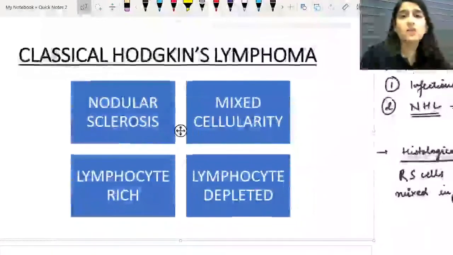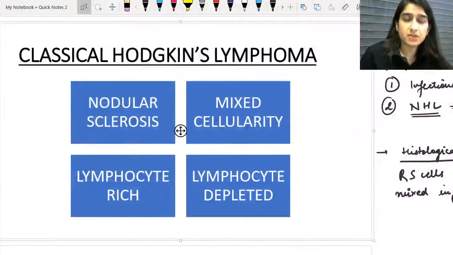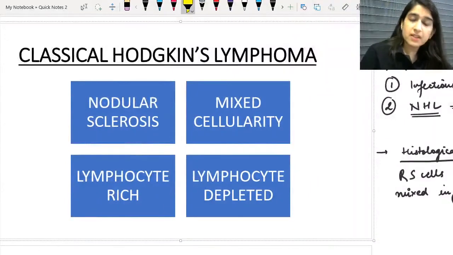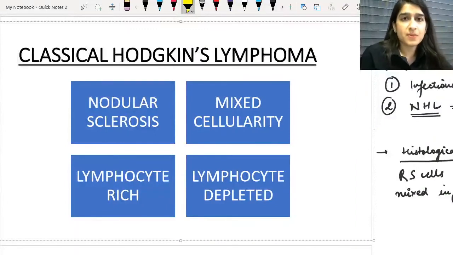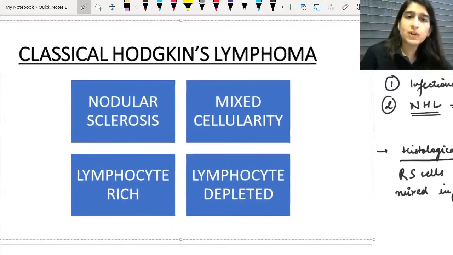Now this classical Hodgkin's lymphoma is further subtyped into nodular sclerosis, mixed cellularity, lymphocyte rich and lymphocyte depleted. This slide is very, very important for all the PG aspirants since it contributes to a lot of MCQs, but don't worry, I'll take them one by one. The first question: listen carefully to my words, which Hodgkin's lymphoma carries the best prognosis amongst the classical Hodgkin's?